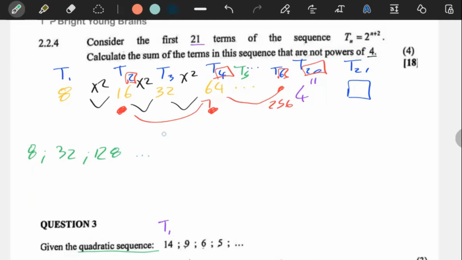This goes up until technically this number here, which we don't know what it is, but we know that if you're thinking of terms number 1, 3, 5, up until 21, you have to be careful now. From 1 to 21, that's a total of 21 terms, right?